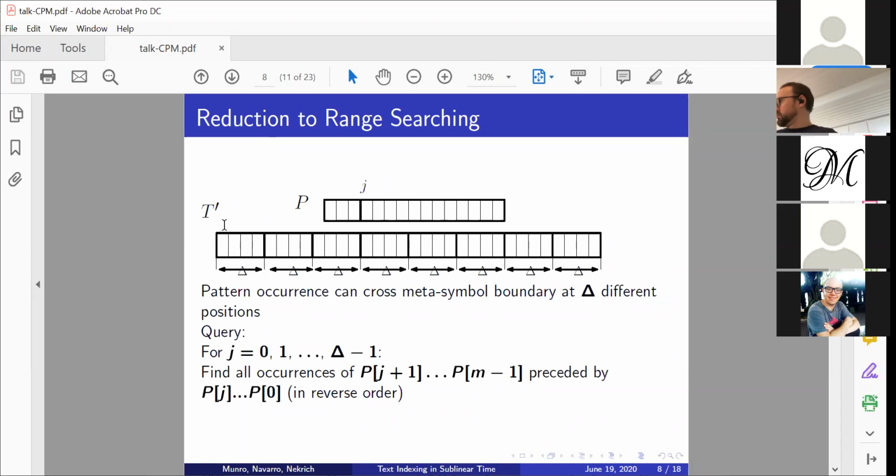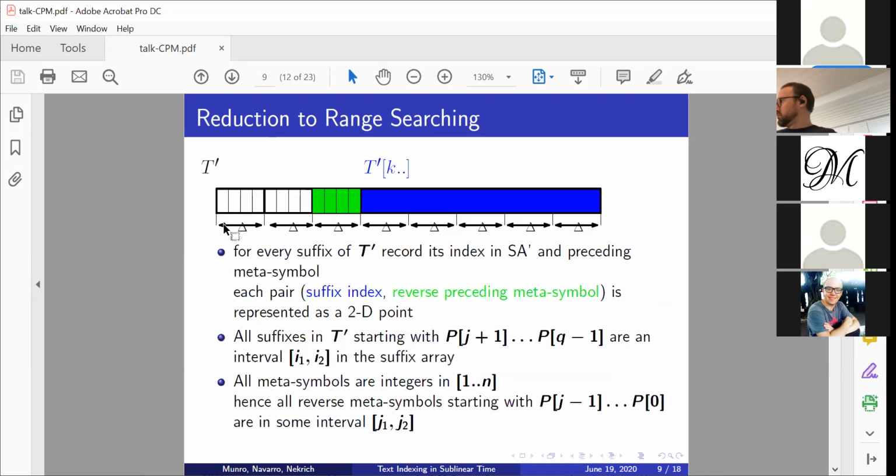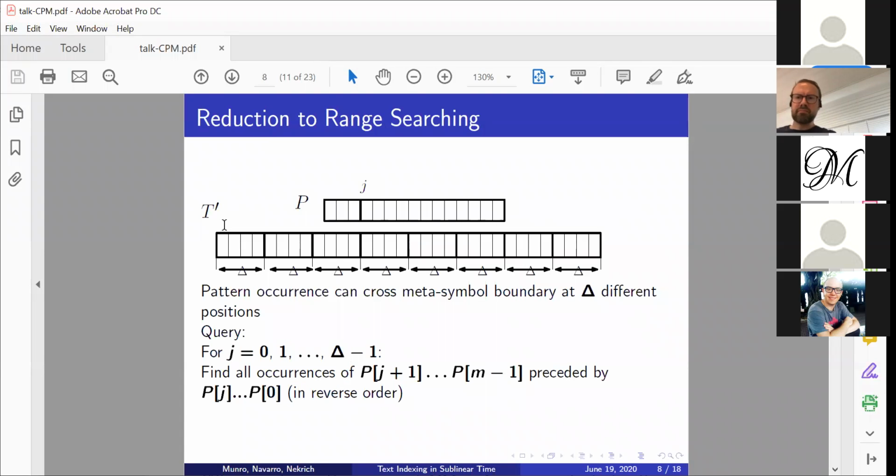So for any fixed value of this shift, let's call this shift j, all occurrences essentially correspond to occurrences of the pattern P[j+1], P[j+2], ..., P[m-1], preceded by the first j symbols, essentially in reverse order.